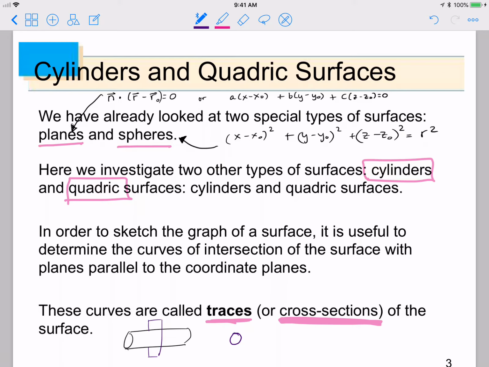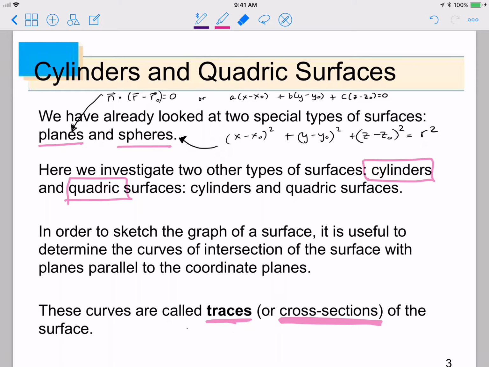But if you take a lateral cross section, what would that look like? That would be a rectangle, right? So by taking a bunch of cross sections, you can actually build up your original surface.